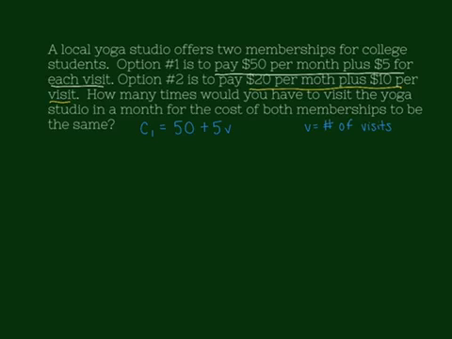The second one, so the cost of the second membership, is only $20 per month, but it's $10 per visit. And what we want to know is when these two costs are equal to each other. So when is 50 plus 5V equal to 20 plus 10V?